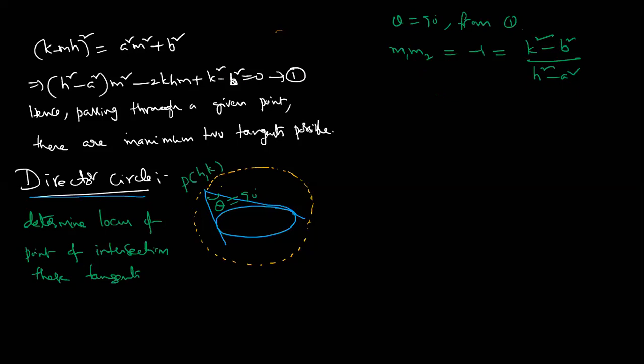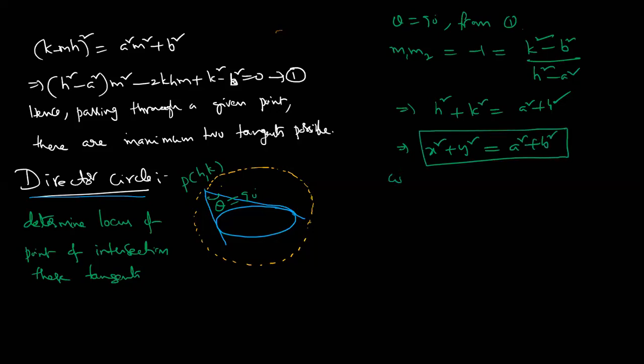See carefully. That means I can write, transposing, h square plus k square is equal to a square plus b square. That is x square plus y square is equal to a square plus b square. So what is the new one?